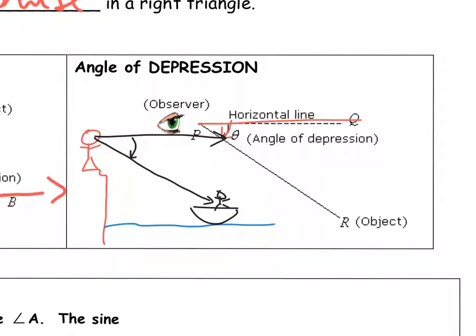So it's your line of sight down to what you're looking at. Now, my friend who's in the boat, their line of sight is straight out, and then they're looking up at me to wave back, so they have an angle of elevation. So this one is an angle of elevation, this is an angle of depression.